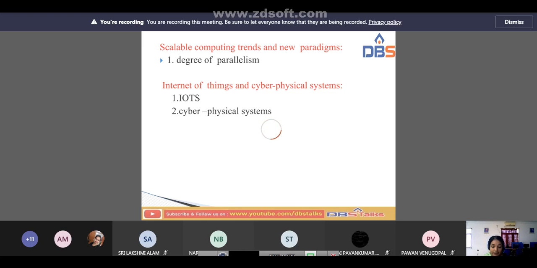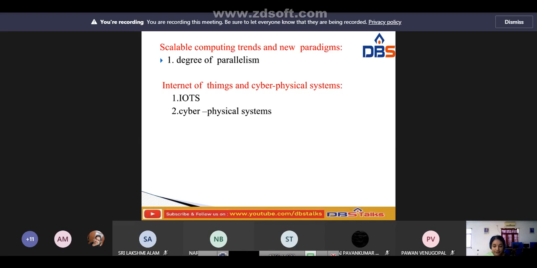IoT refers to the network interconnection of everyday objects, tools, devices or computers. IoT has a wireless network of sensors that interconnect all the things in our daily life. These things can be small or large, and they can vary with respect to time and place. So this is called IoT.